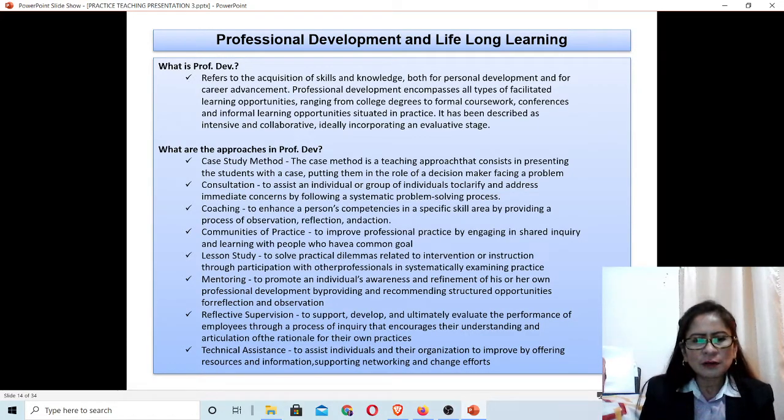Reflective supervision: to develop, and ultimately evaluate, the performance of employees through a process of inquiry that encourages their understanding and articulation of the rationale for their own practices. Technical assistance: to assist individuals and their organizations to improve by offering resources and information, and supporting networks and change efforts.